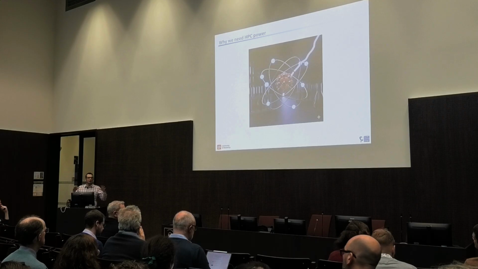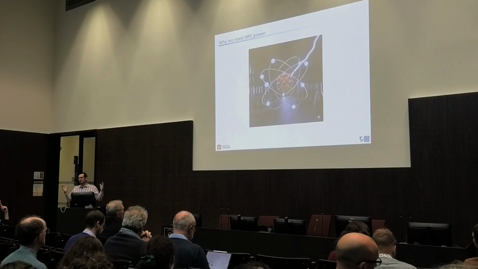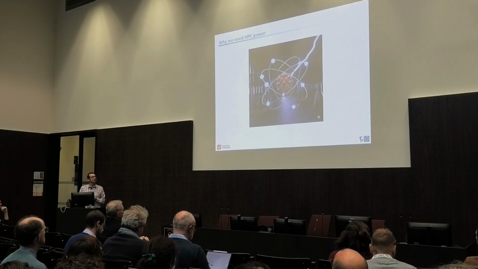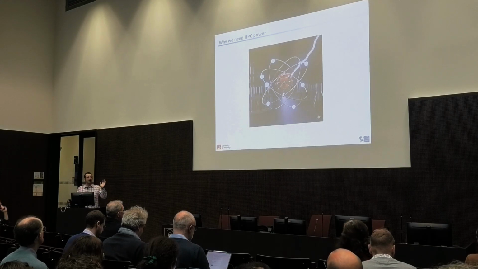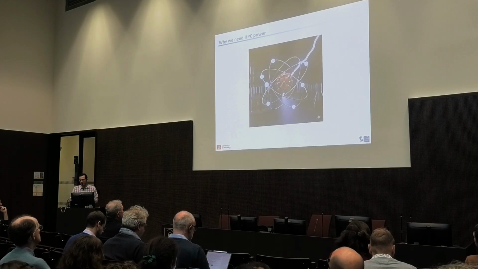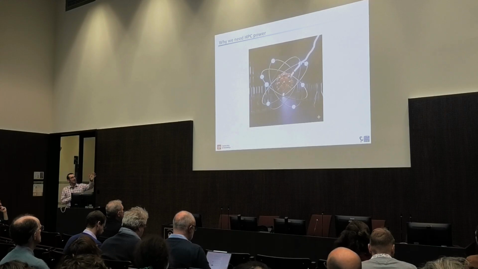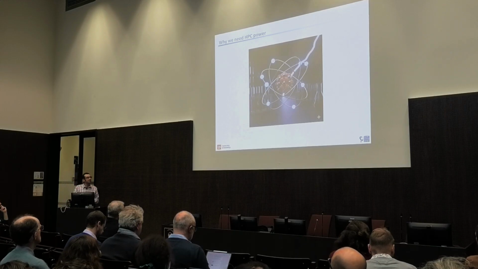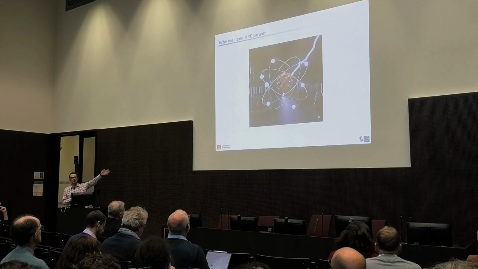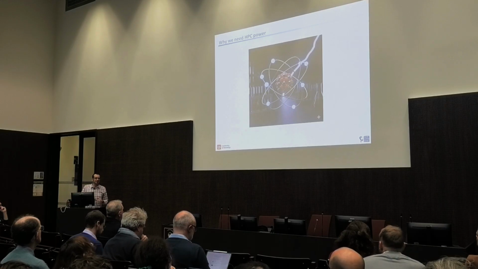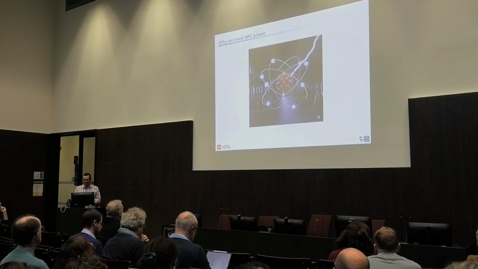Actually, I will try to keep it basic to make it clear for a broad audience. You are familiar with atoms, I am sure, everybody. This is an AI-generated picture of an atom. We have a core and electrons around it. It is simple here, but in the quantum world, it is highly complicated.